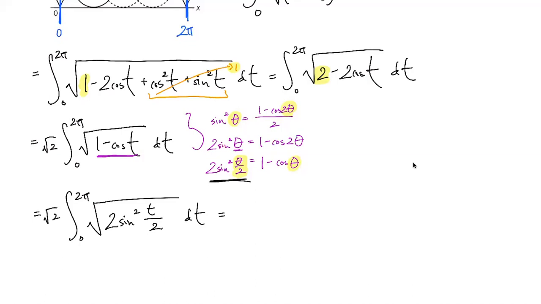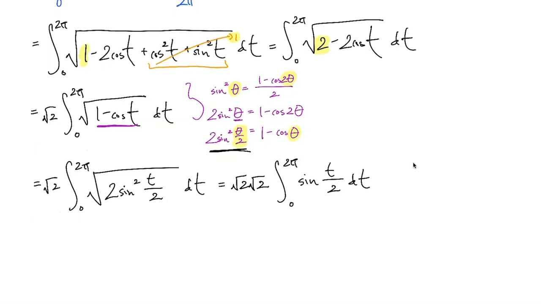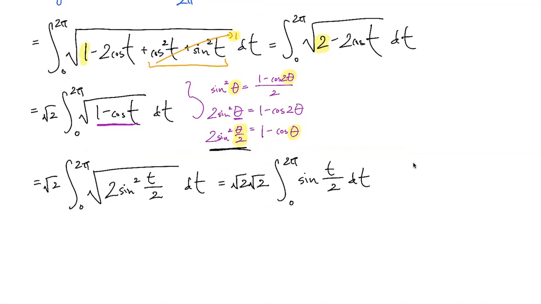So I take the square root of the 2, so I get another square root of 2. So square root of 2 and a square root of 2 are my new constant. I have my integral symbol from 0 to 2 pi, and the square root of sine squared is just sine. All right, root 2 times root 2 gives me 2.